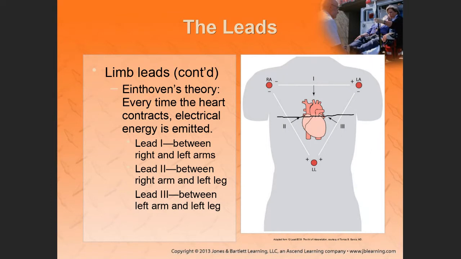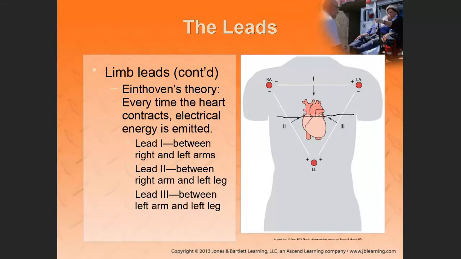So this is how it works. Picture the current flowing this way with a straight line. Forget about the arrows on the picture, just focus on the line that I draw through the heart. So that's lead 1. Now, wherever the current starts, wherever the current ends, you're going to have a camera.